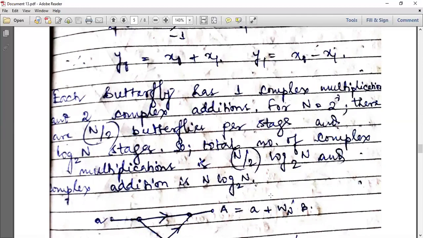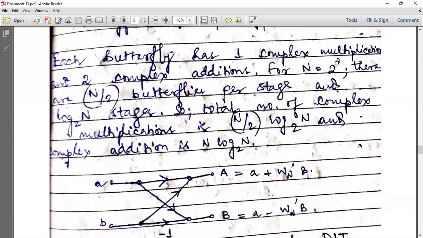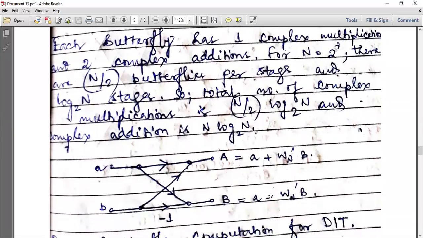You see, in this butterfly diagram, in the next diagram, I've considered small a and small b as a pair of complex numbers. Now, using these, capital A and capital B are also a pair of complex numbers, which will be achieved as the result at the output side.